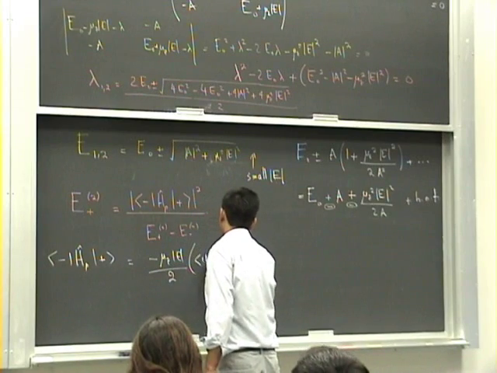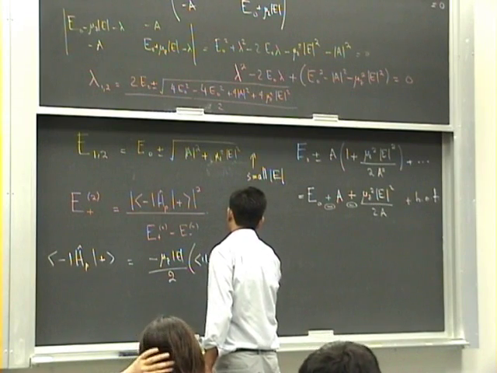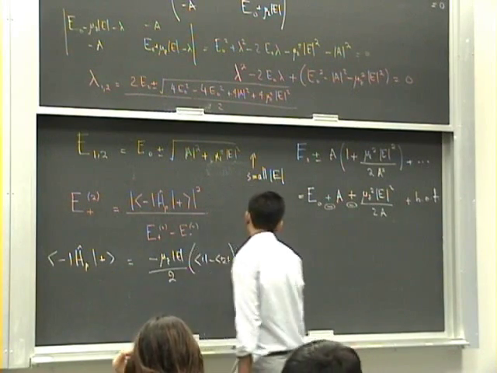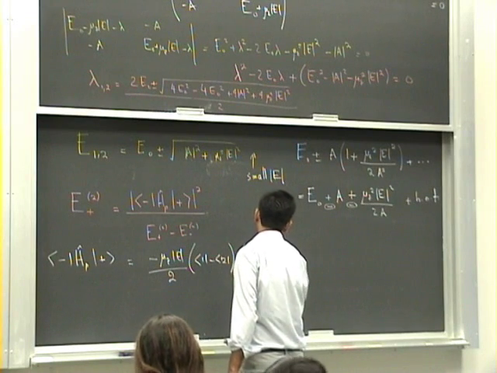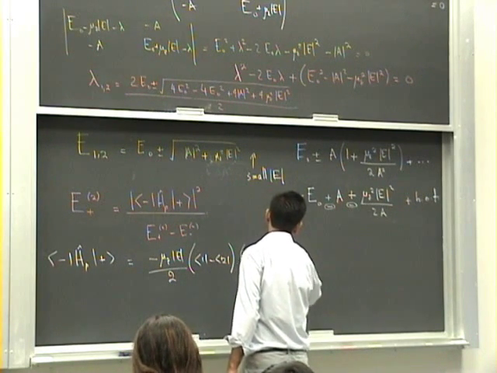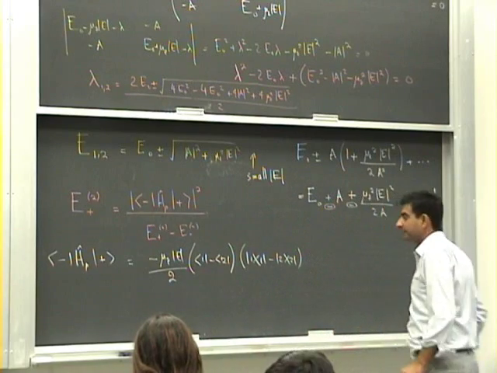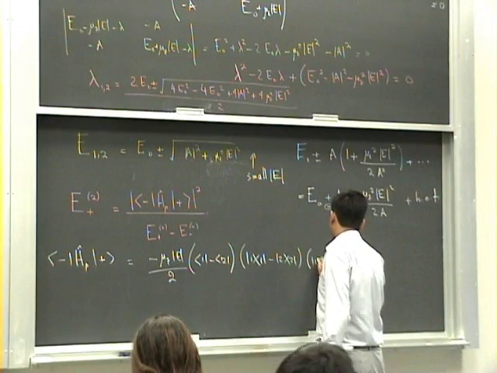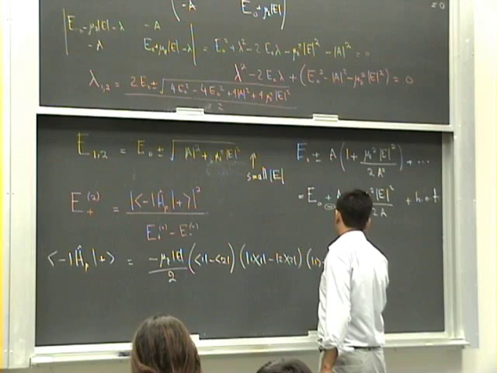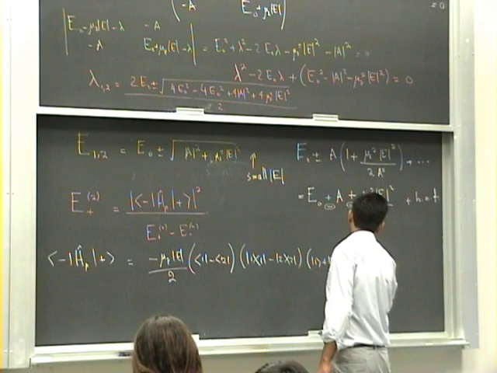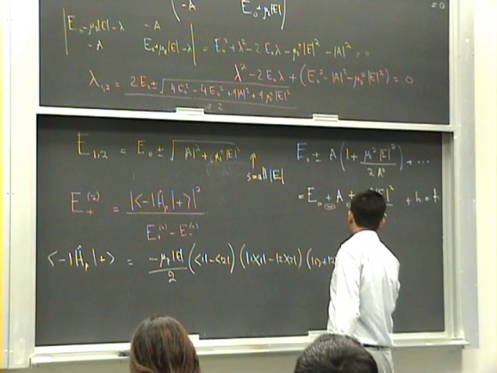This becomes ket 1 minus ket 2. H_P is sigma z, which is ket 1 minus ket 2. Here I get ket 1 plus ket 2, minus mu_z E over 2.